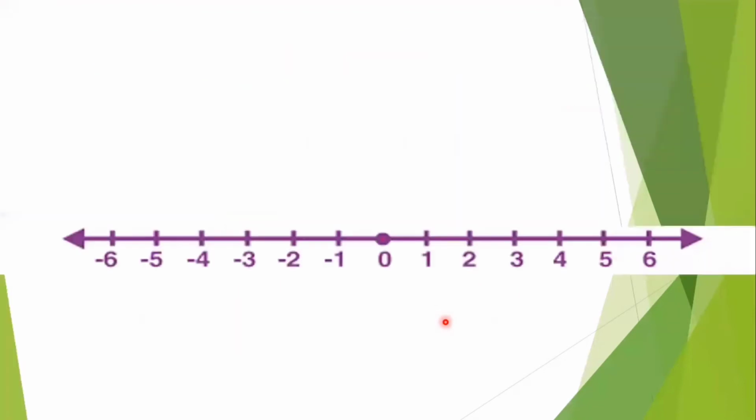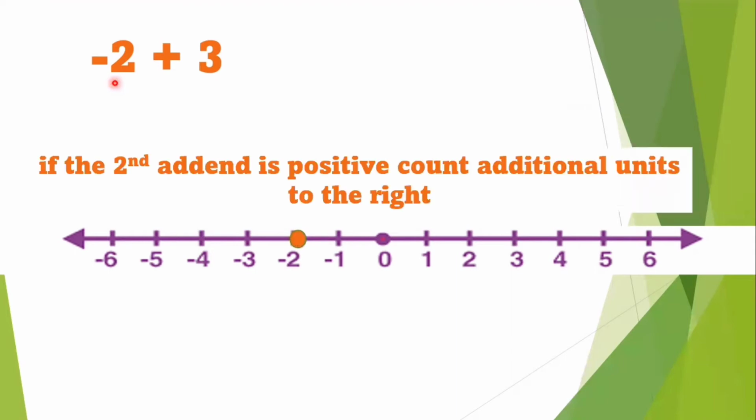Now, what if we have negative 2 plus 3? As you can see, these are now different signs. So, ano yung gagawin natin? Tulad lang sa same signs, kung gagamit tayo ng number line, we find the first addend, which is negative 2. And then, if the second addend is positive, count additional units to the right.